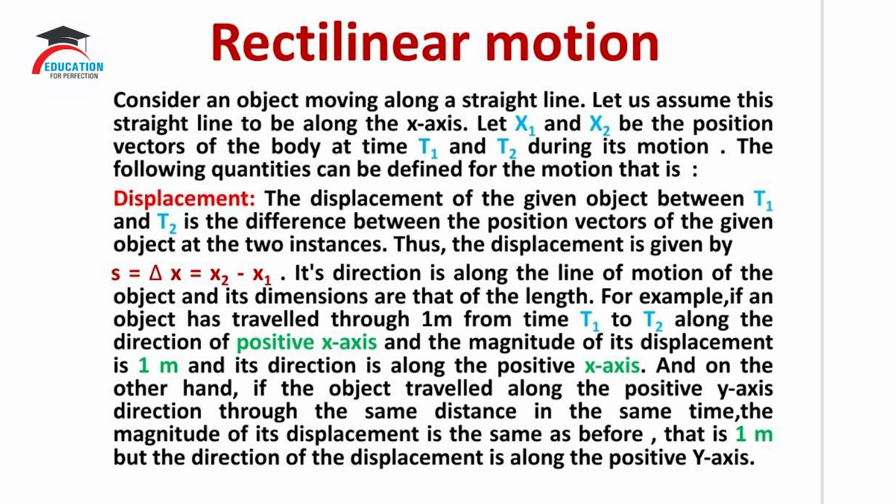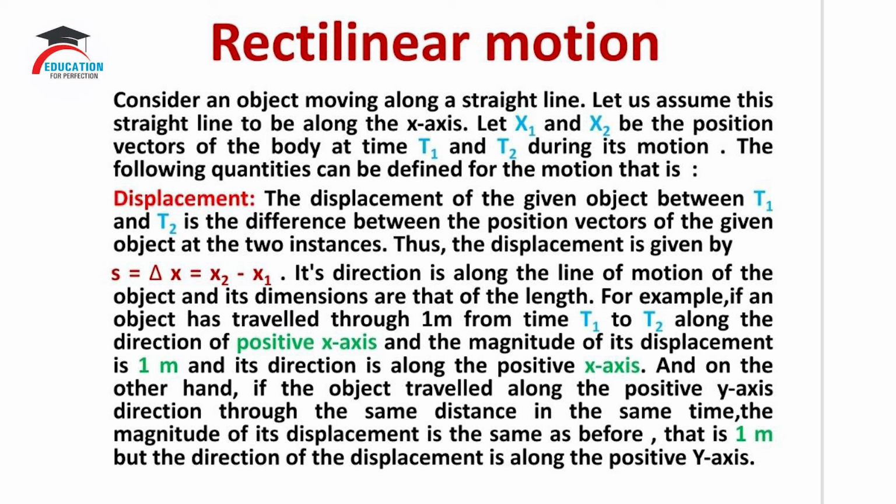The following quantities can be defined for the motion, that is displacement. The displacement of the given object between t1 and t2 is the difference between the position vectors of the object at the two instants.